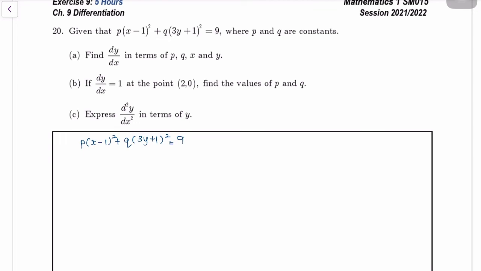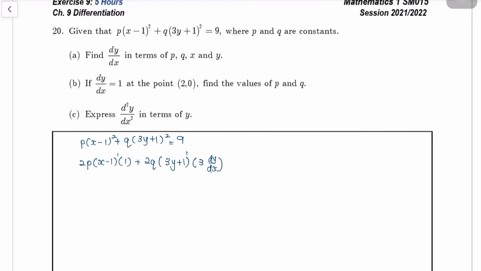So, differentiate boleh gunakan power rule because we have power. So, 2p(x minus 1) to the power of 1 times 1 plus 2q(3y plus 1) to the power of 2 minus 1, so 1, times dengan 3 dy over dx. So, mana datang dy over dx?